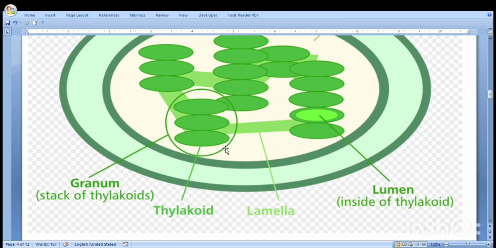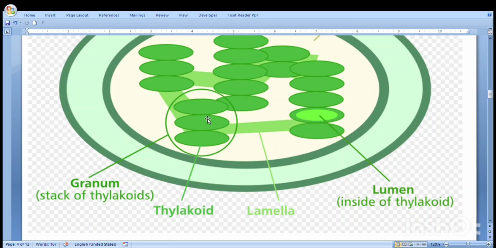Next come to the next one, that is grana. What is grana? A stack of thylakoids. This single one is considered as a thylakoid, and the total number of thylakoids together is considered as a granum. The stack of thylakoids looks like pancakes, right?